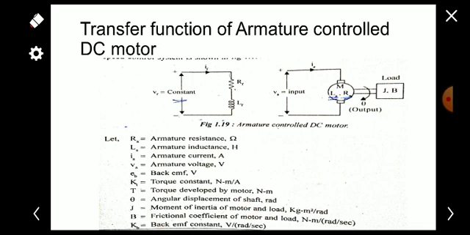We are going to analyze this circuit, how we can write the mathematical equations governing this simple DC motor.